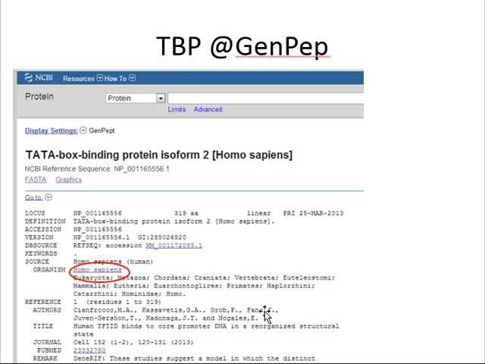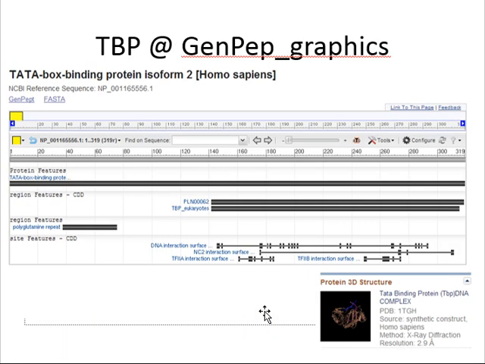It also has a graphical presentation, where you have the annotation of several domains and features, conserved domains, and you may follow these links in order to know exactly what the features are, and these are transcription factor interaction surfaces that are located along the TATA box binding protein.